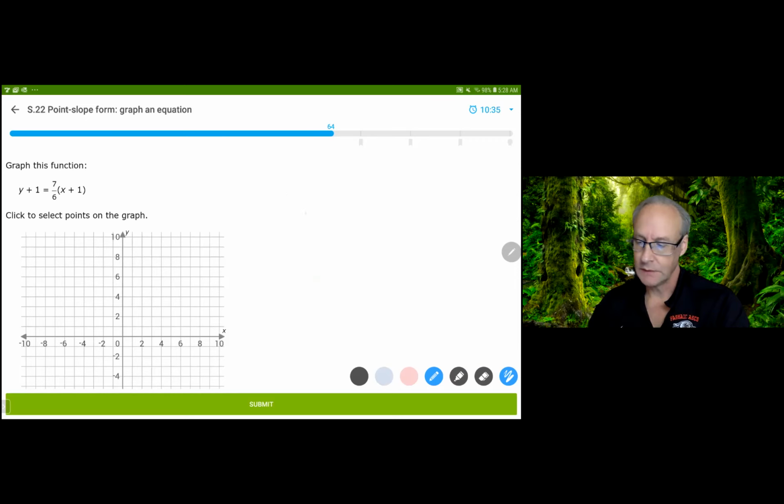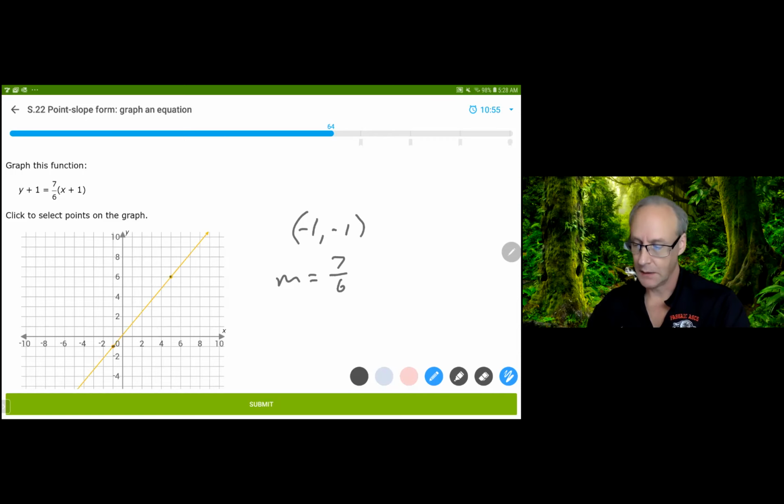Now this one, we're talking about -1, -1, and we have a slope of 7 over 6. So I'm right there, -1, -1, and I go up 7 over 6. Now the thing is, remember that this thing is numbered.